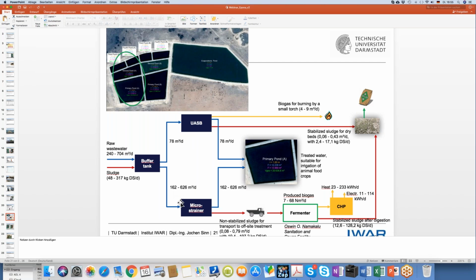We can go up to 600 cubic meter a day to the microstrainer, and only after that it will go into the primary treatment pond, and then the microstrainer will get the non-stabilized sludge to the fermenter, and we will produce electricity and heat. And in the UASB, we get the stabilized sludge for dry beds.